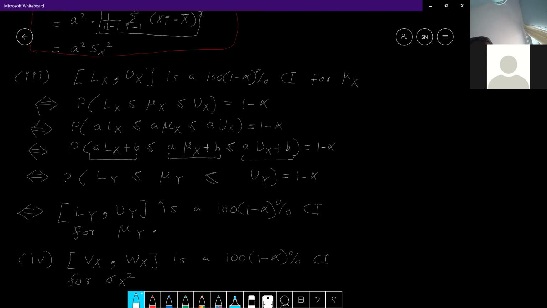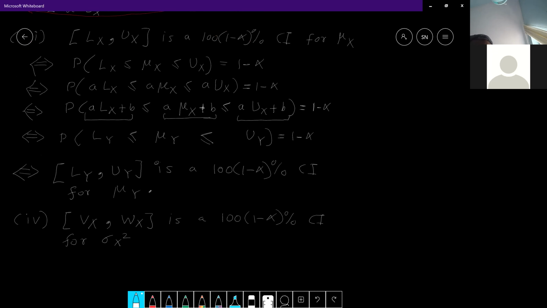All right, which means it is the same as saying that the probability that Vx is less than or equal to sigma x squared less than or equal to Wx is equal to 1 minus alpha.